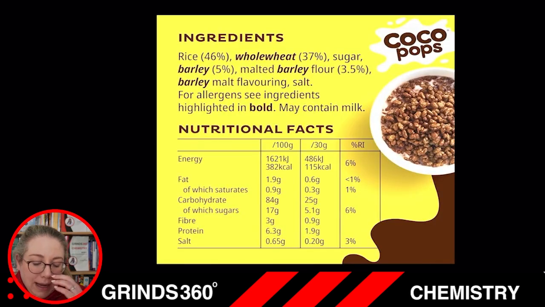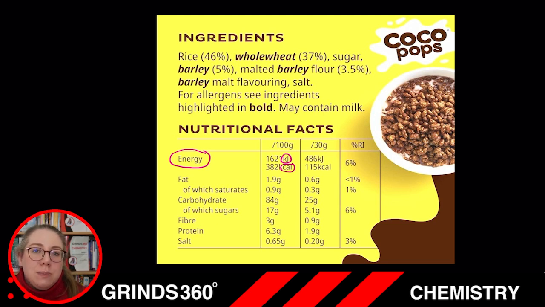So if we look at the back of these Cocoa Pops, this is what the food label will look like. In the energy line of the food label, you have two different units for the energy released: kilojoules and kilocalories. Now, where did those numbers come from? They literally came from someone putting the Cocoa Pops into a bomb calorimeter and setting it on fire.